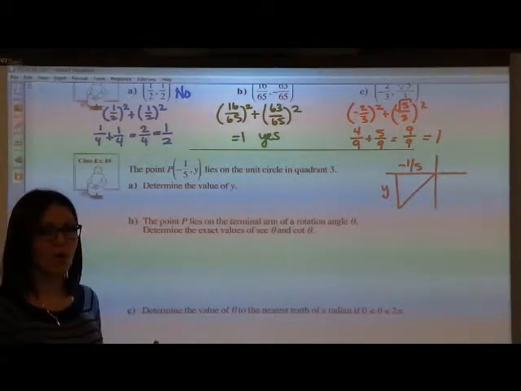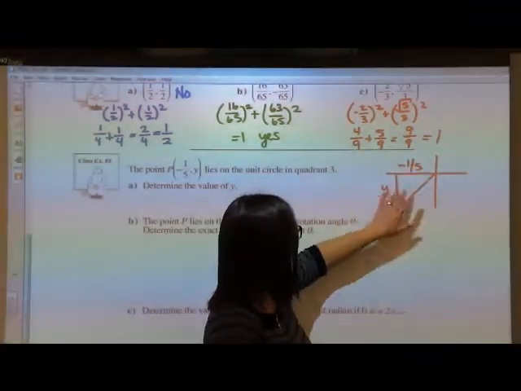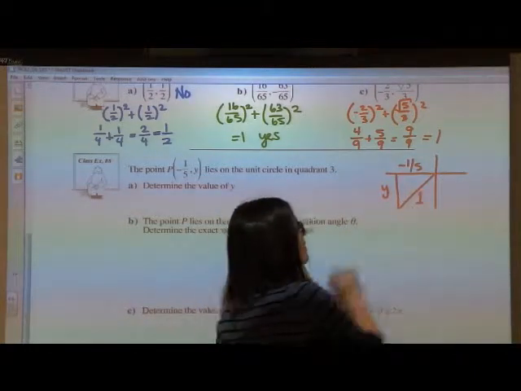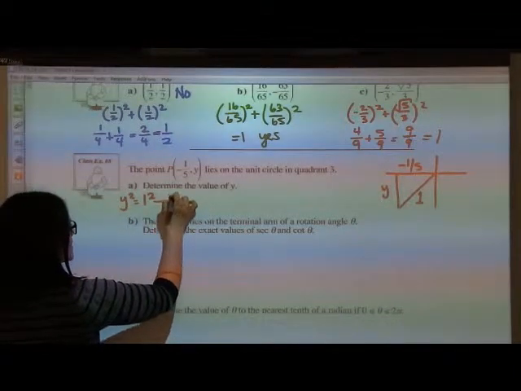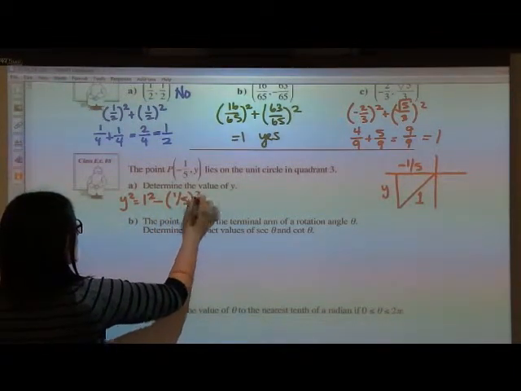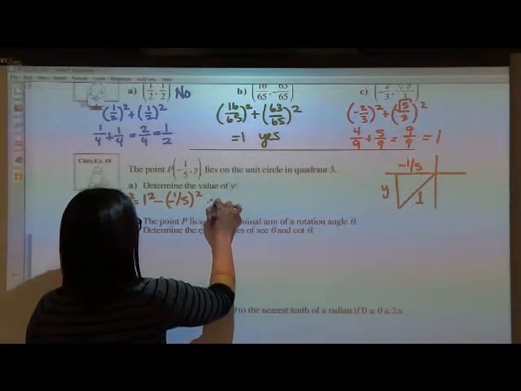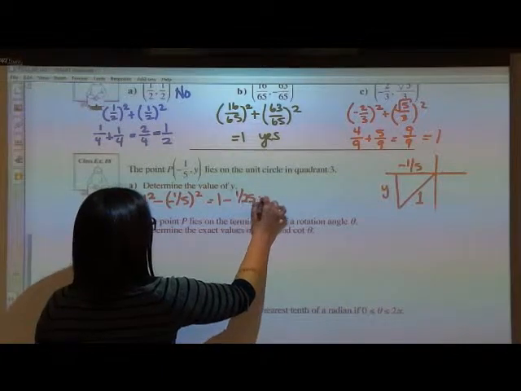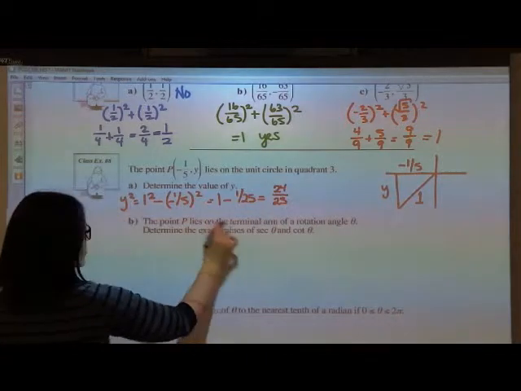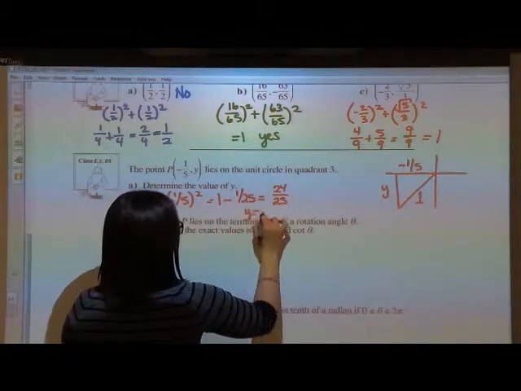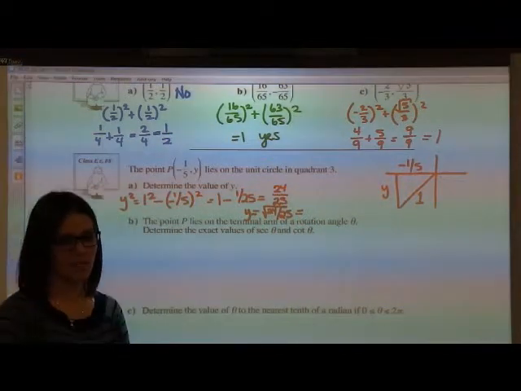Well, I can reverse the process of Pythagoras' theorem. Instead of this squared plus this squared equaling 1 squared, I can say that y squared will equal 1 squared minus (-1/5) squared. (-1/5) squared is 1 over 25, 1 minus that becomes 24 over 25, and the square root of that, so y would equal the square root of 24 over 25.